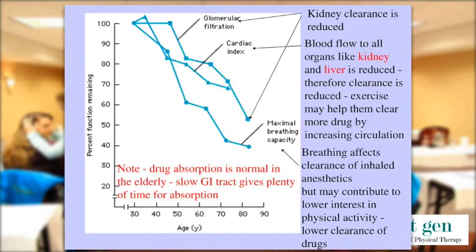So as with most things, exercise is beneficial for this type of thing. This is not something where you think of the benefit of exercise quite as much, but it can help with this drug clearance from systemic circulation as well.